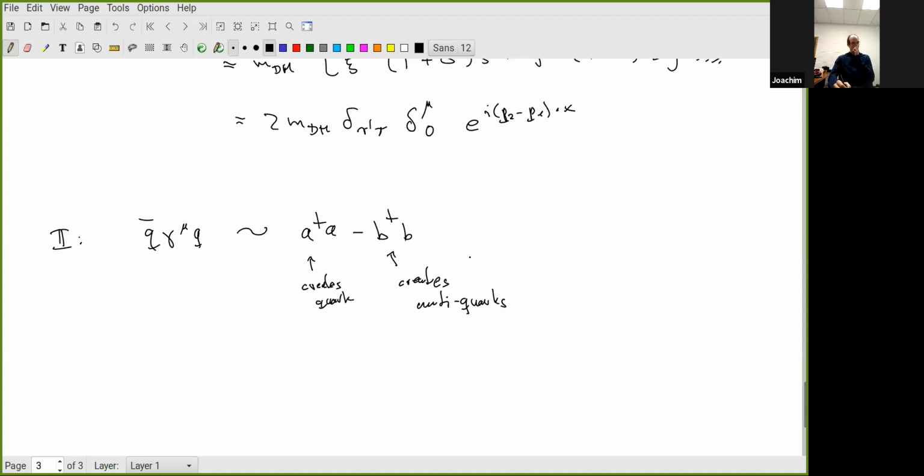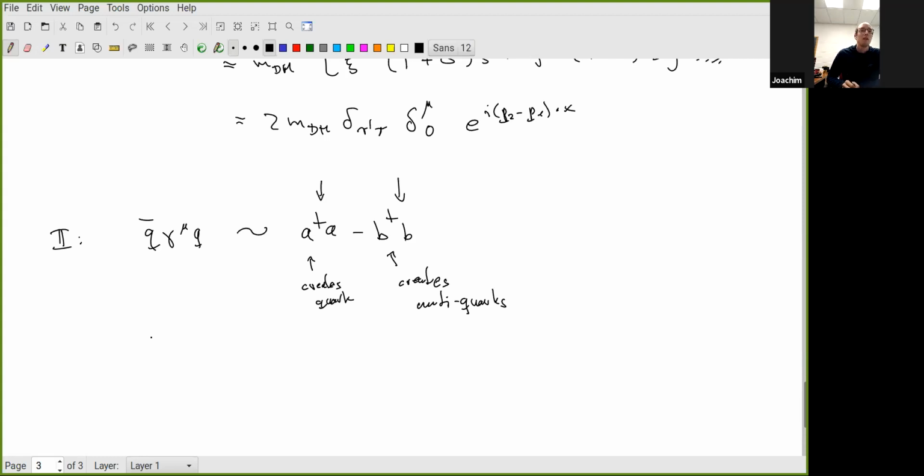And then what this gives you is, so this operator is just a number operator that counts quarks, and that's a number operator that counts anti-quarks. So this is just the number of quarks minus the number of anti-quarks. Okay, so that's essentially what the result is. But in order to get the prefactors right, that's a lot of work.